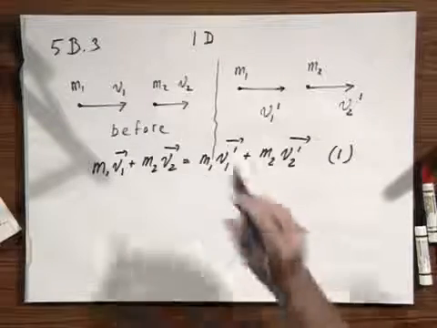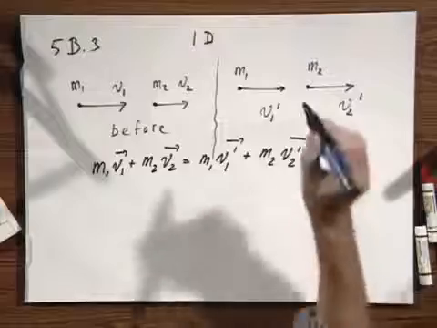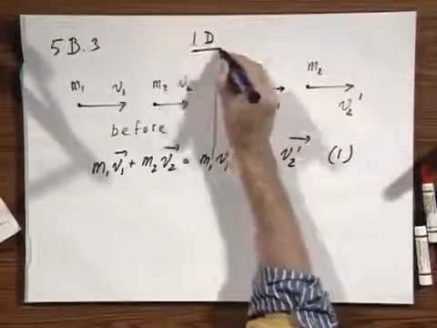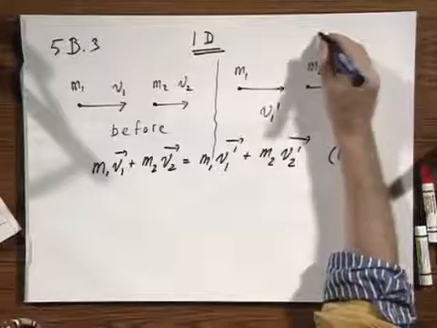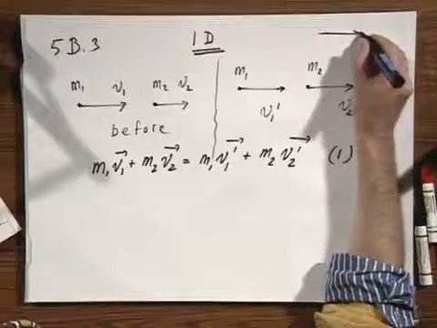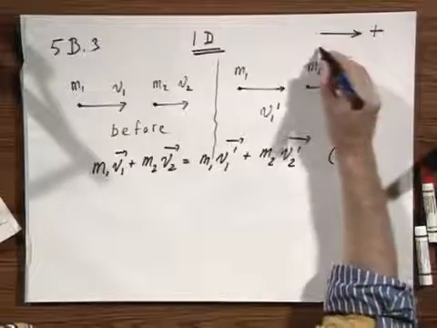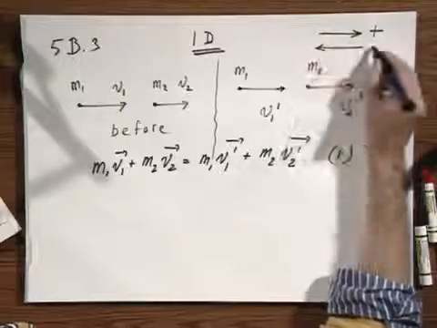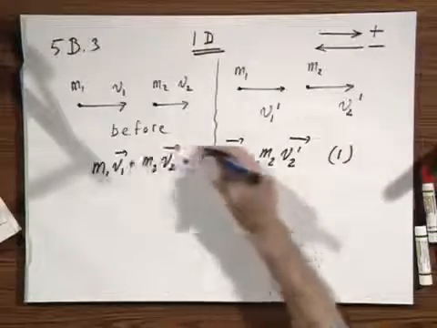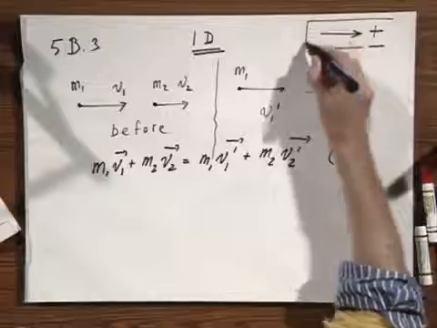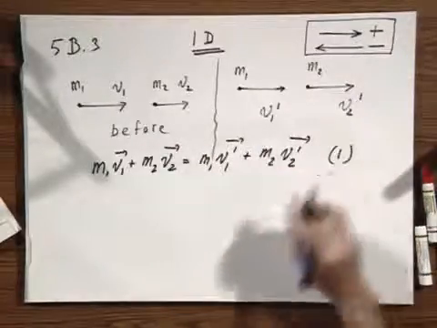Now, I could delete these bars since I'm dealing with a one-dimensional situation. Keeping in mind that if the velocity is in this direction, we would assign it a plus sign, but if the velocity is in this direction, it would then have a minus sign. So I can delete the bars, not forgetting that this is now my convention. So think of the bars as not being there.